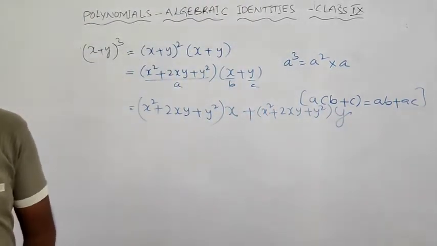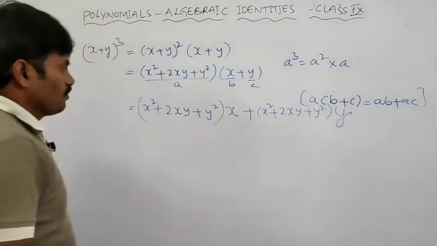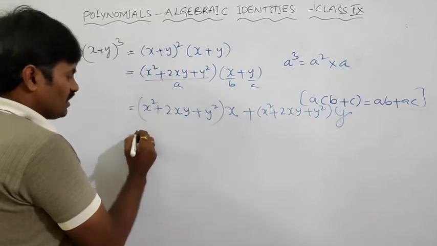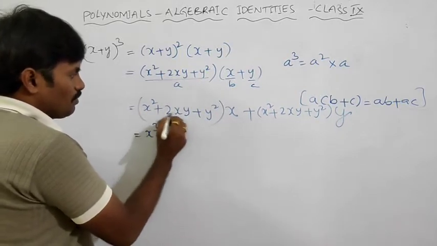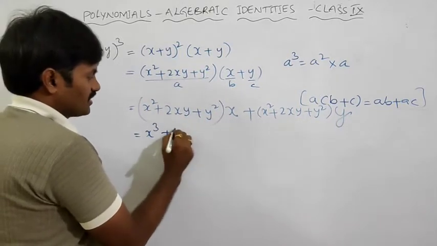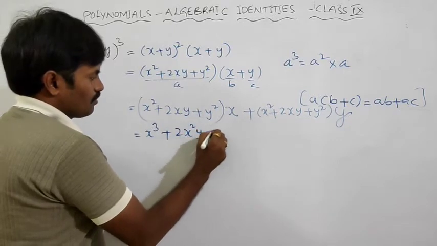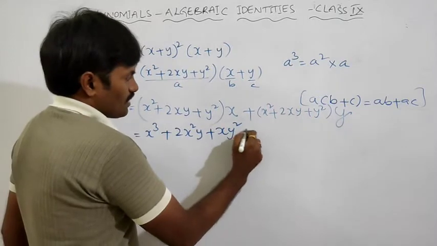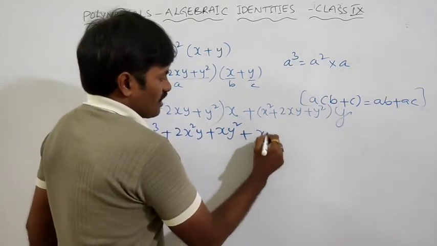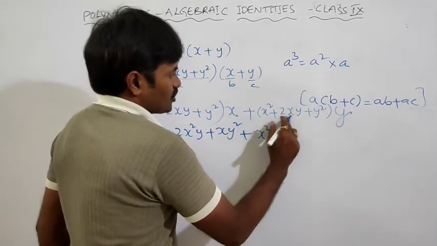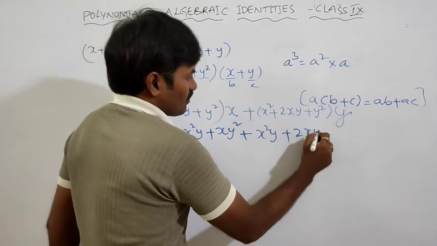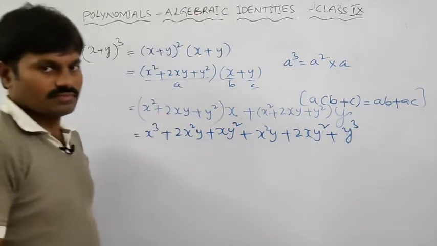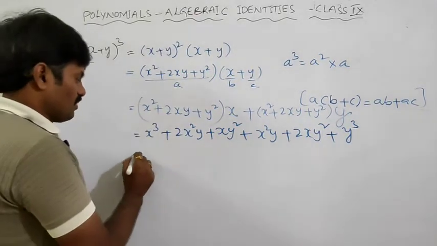Now in the product, apply the distributive property again. x into x square, x cube, plus 2xy into x, 2x square y, plus y square into x, xy square, plus x square into y, x square y, plus 2xy into y, 2xy square, plus y square into y, y cube. Is it clear? Now simplification.